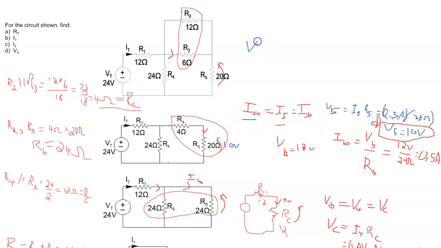And so up here now, we're going to say that VA is equal to IA times RA. And if I can go through that quickly, IA was 0.5, and we're going to multiply that by RA, which was 4, and VA then is 2 volts.